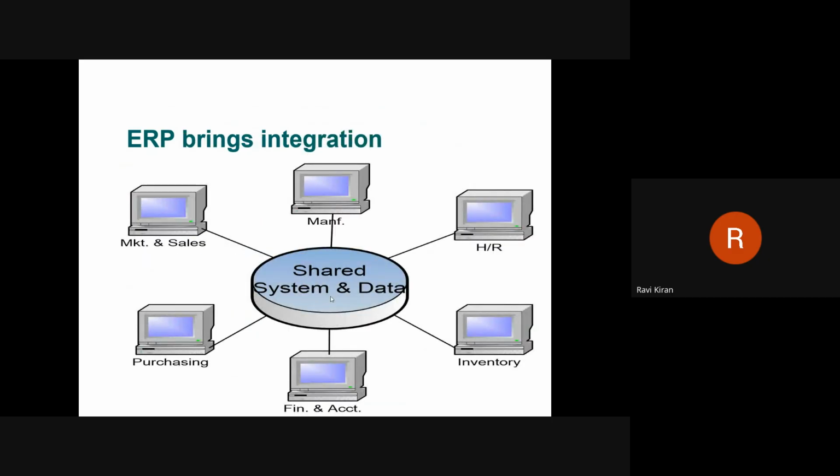ERP will bring the integration. That is the reason there is a lot of demand for SAP, because it will integrate purchasing in India with finance in Singapore, inventory in Bangladesh, HR sitting in all countries, manufacturing in Bangladesh or Gujarat in India, and marketing and sales across the globe.